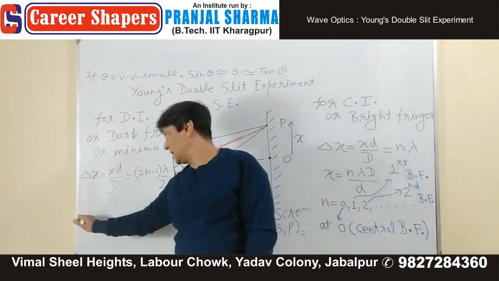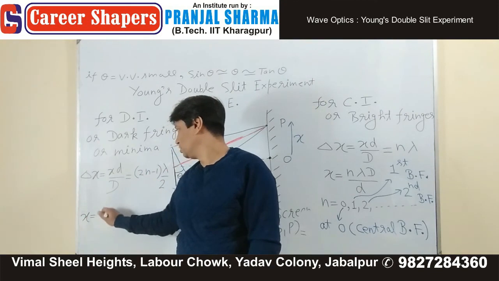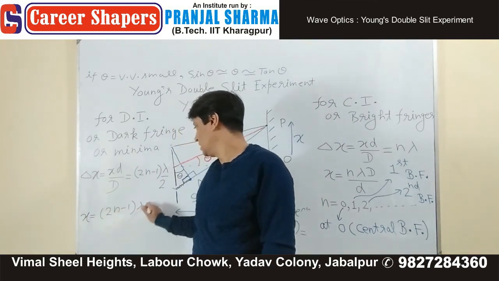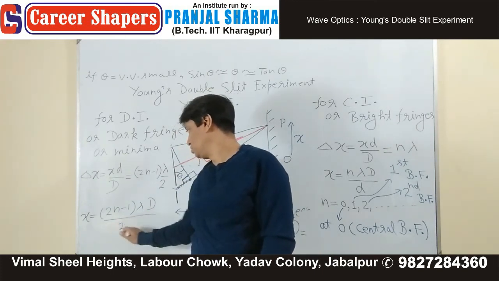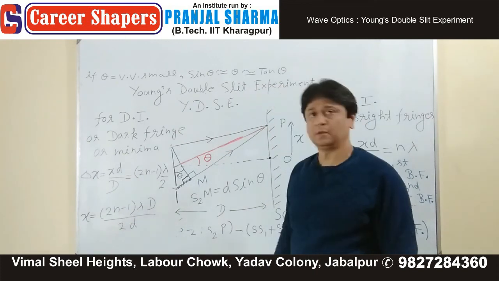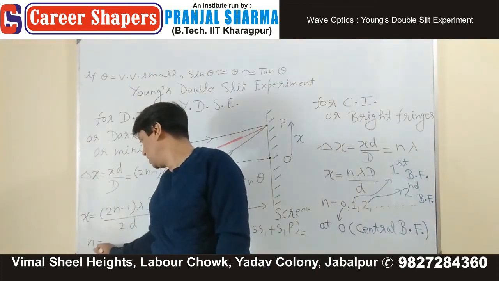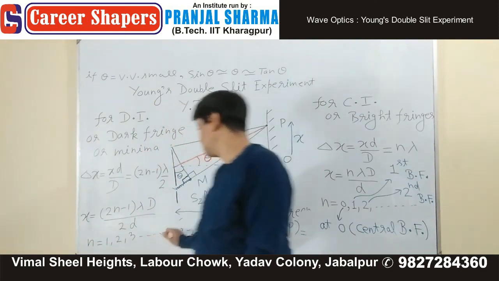This gives us x as 2n minus 1 lambda capital D upon 2d, where n starts from 1, 2, 3 and so on.